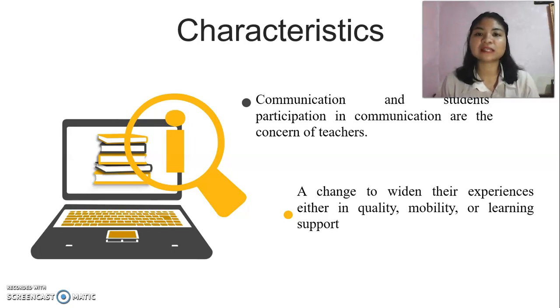So the learning happens two ways. It's not only the teacher telling the students what to do, but both sides can contribute and participate in the meeting. Second one, it's a chance to widen their experiences in quality, mobility, and learning support.